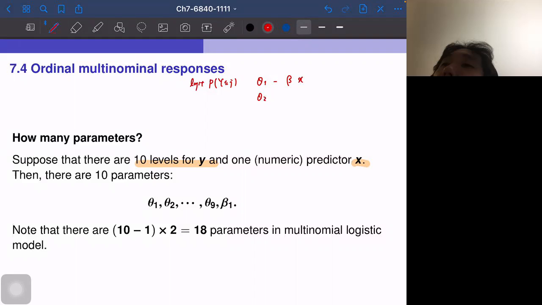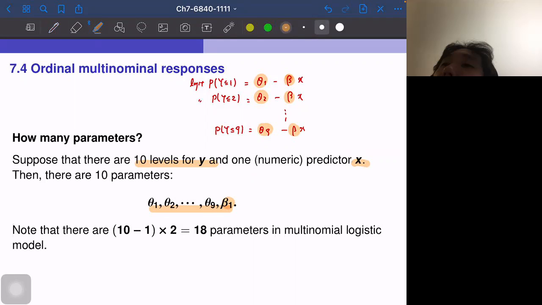But anyway, this is for y less than or equal to 1, less than or equal to 2, and up to less than or equal to 9, because we have 10 categories. y less than or equal to 10 is trivial, so that probability is 1. So we have 9 different terms, but we only have one beta. I write beta 1 because it's the coefficient of the first predictor x. And then we have theta 1 to theta 9. So in total, we have only 10 parameters.